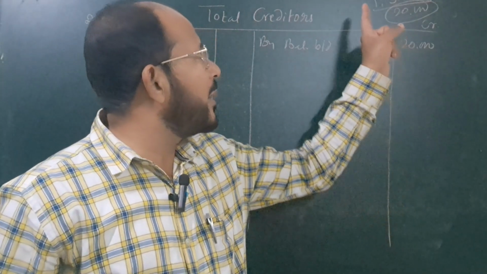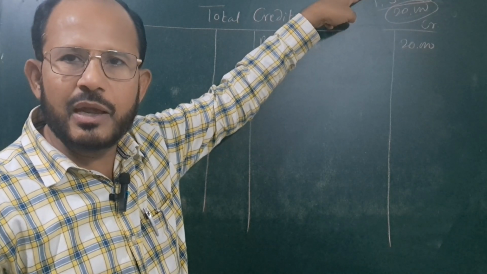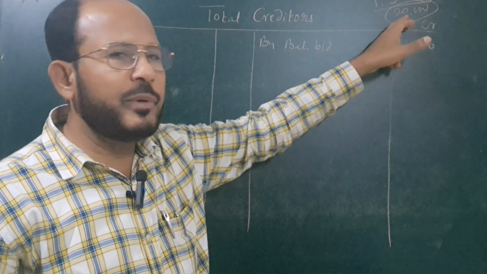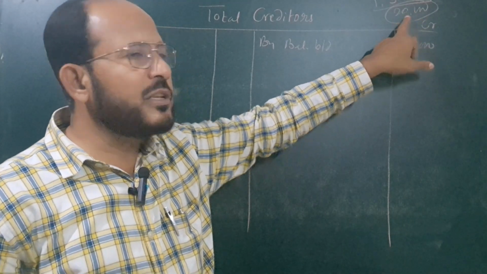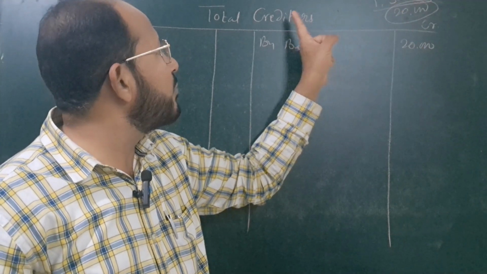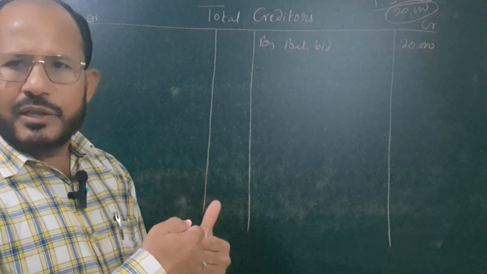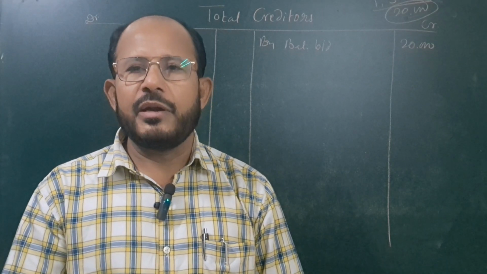That is why this rupees 20,000 is to be taken in the beginning as opening balance of creditors, 20,000. During the year, in this year again we may go for credit purchase.